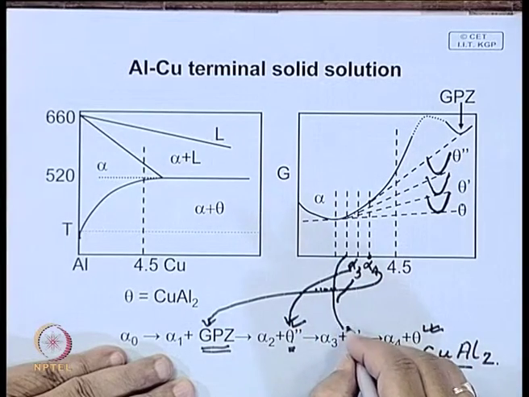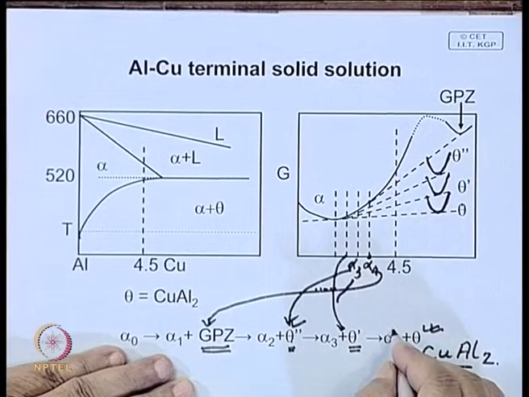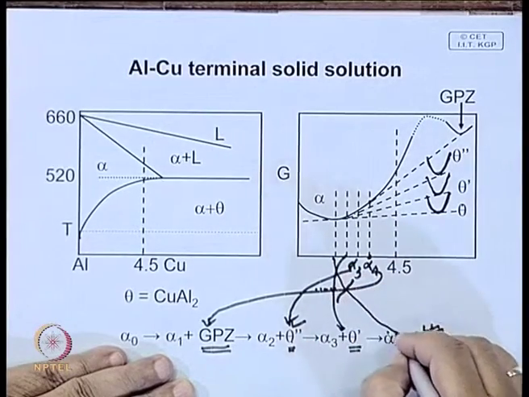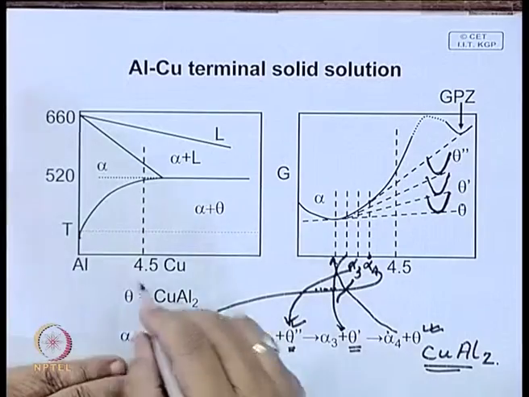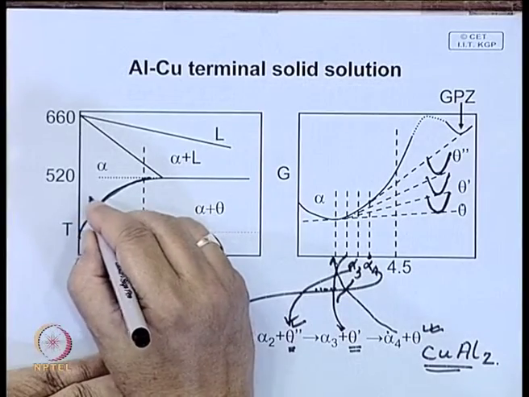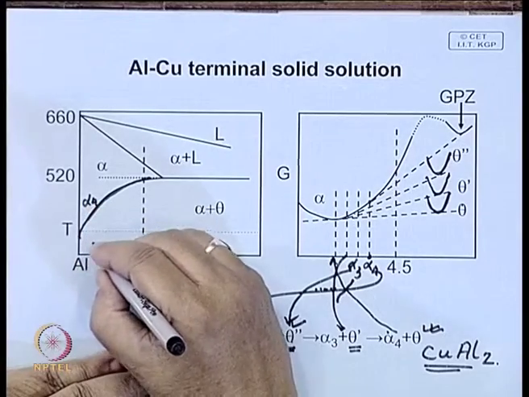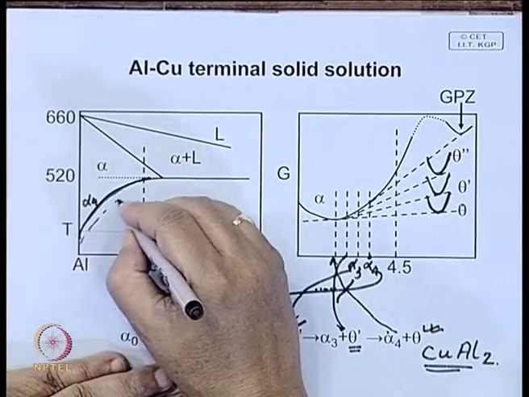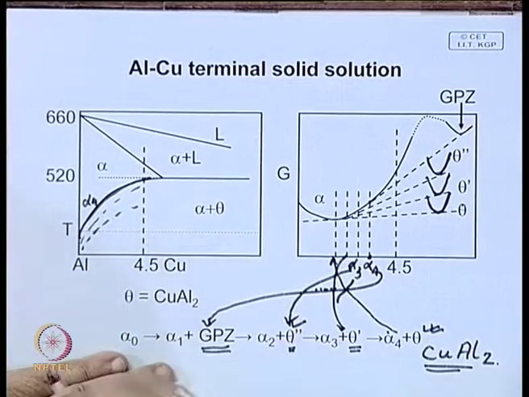So, what we can say is that this is the solvus curve for theta, that is alpha 4. The alpha 3 line will be somewhere like this, then alpha 2, then alpha 1.